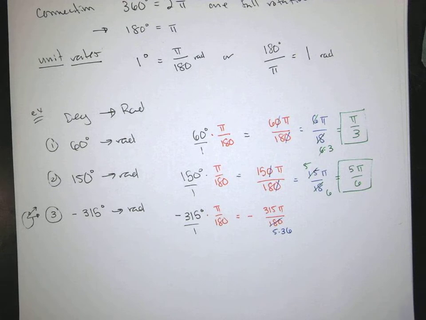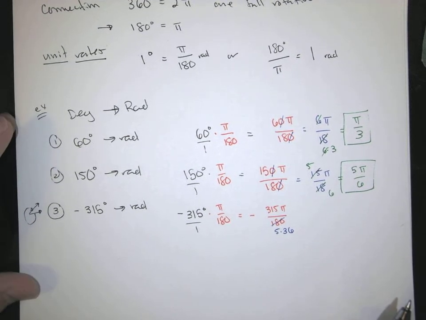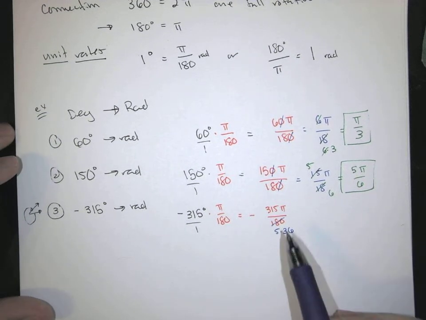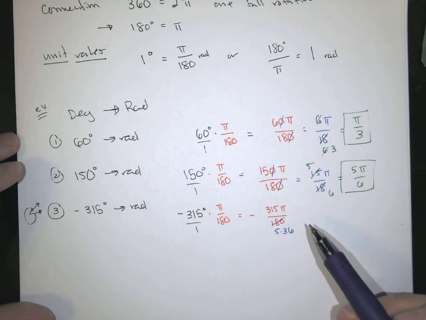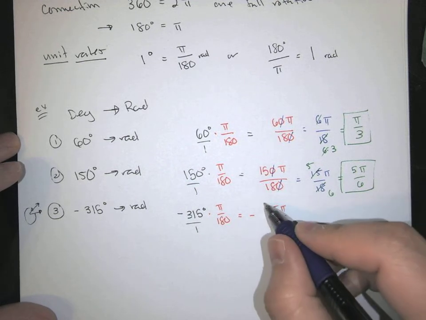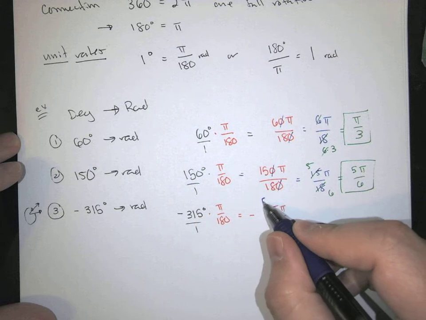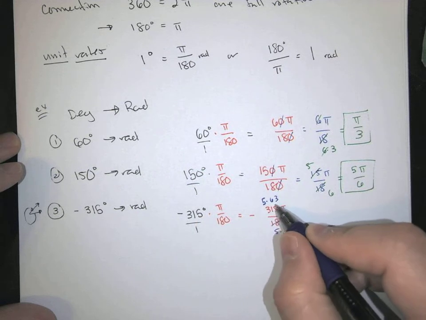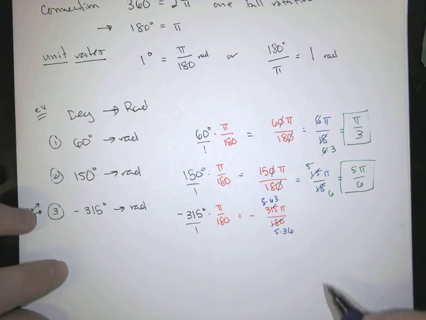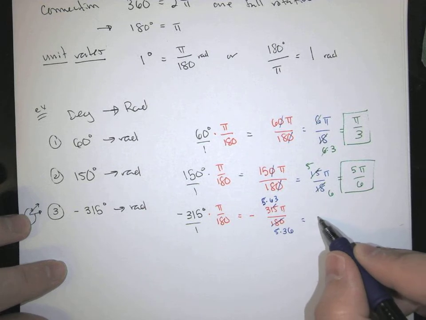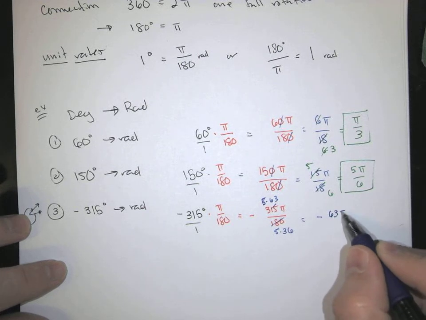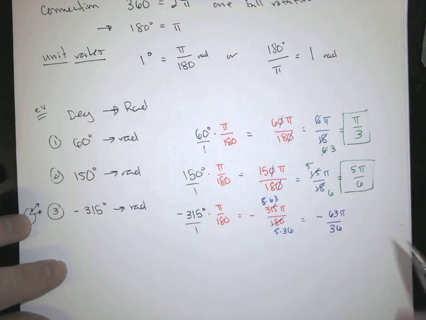And 315 on top, you're going to have 20, 40, 60, and then 5 times 63 to get to 315. So the 5s go out of here. So this would be the negative version, 63 pi over 36.